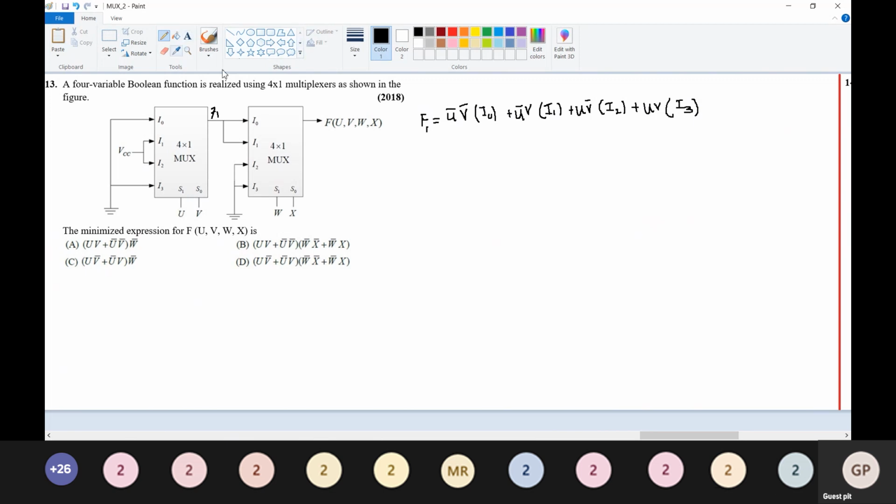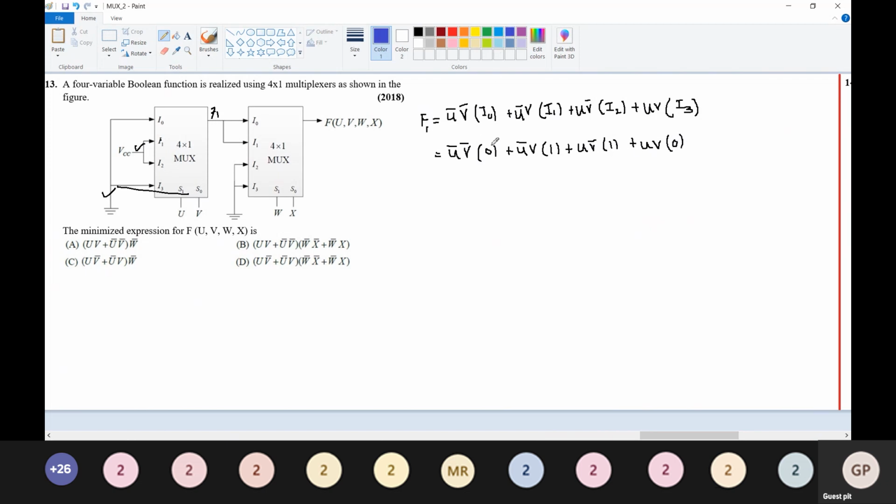Now we write the corresponding input values. U dash V dash into I0, what is the I0 value here? The I0 value here is 0, plus U dash V into I1, the value here is 1, plus U V dash into I2, the value here is also 1, plus UV into I3, the value here is 0.